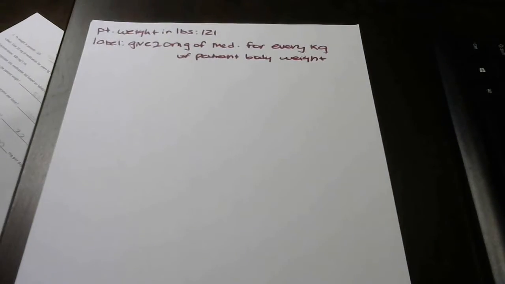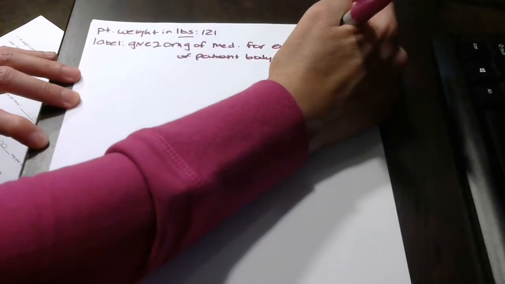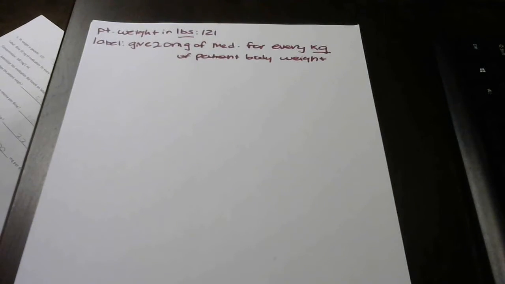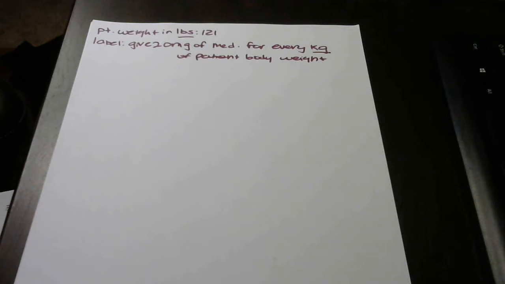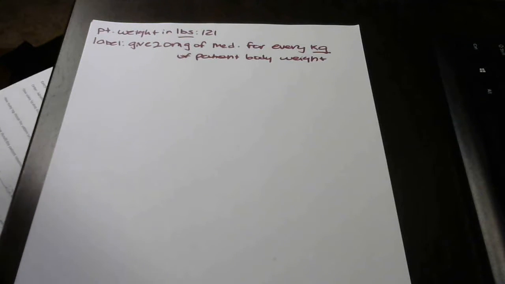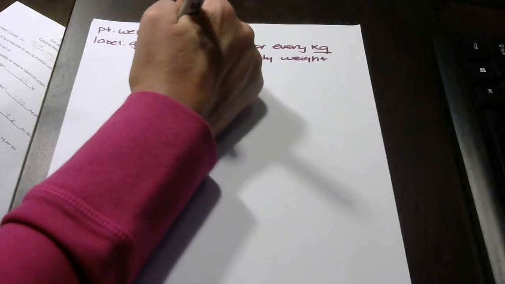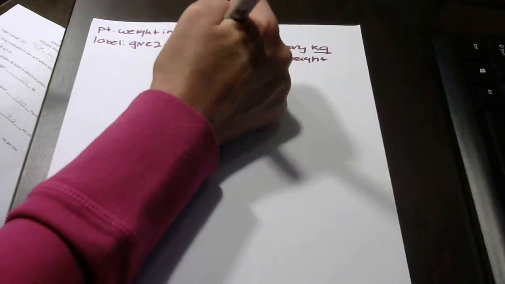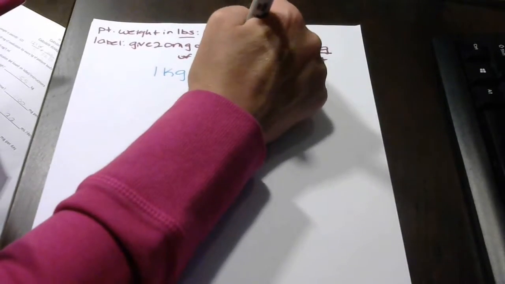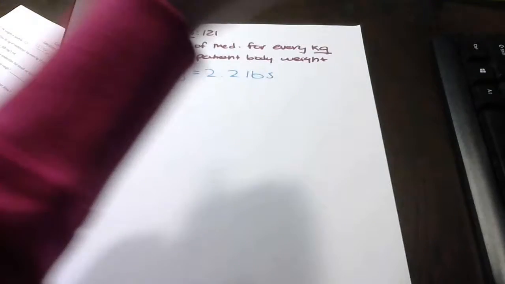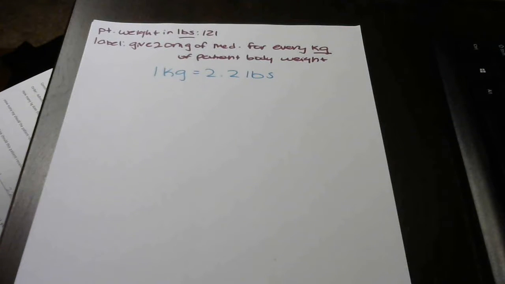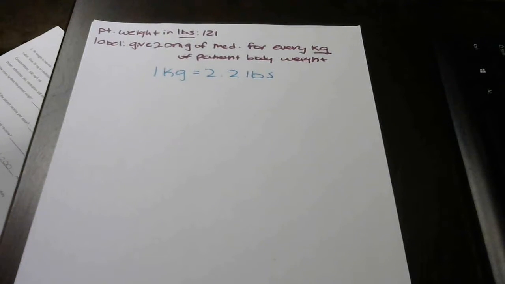So already we're seeing we have pounds here and kilograms here, so we know we're going to need to do a conversion. And if we get out our conversion sheet, on the very top it says that 1 kilogram equals 2.2 pounds. So we're going to need that in a little bit.